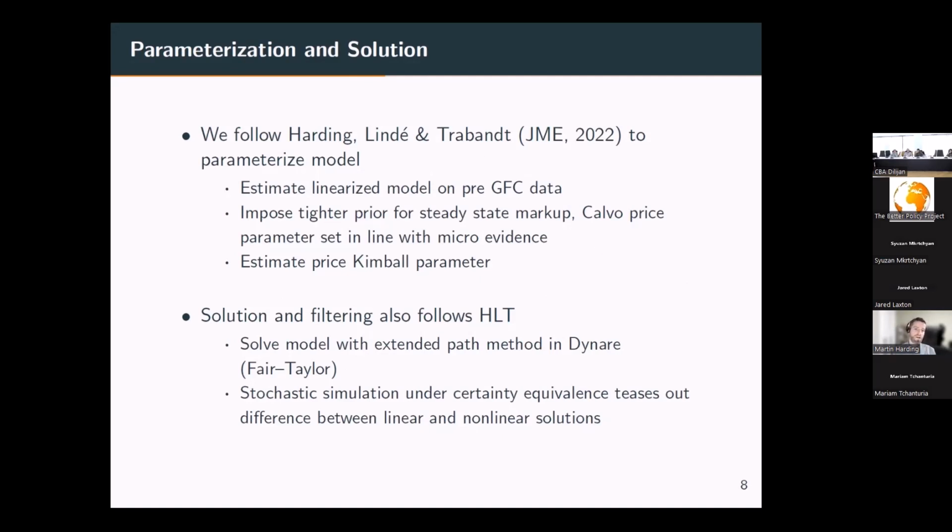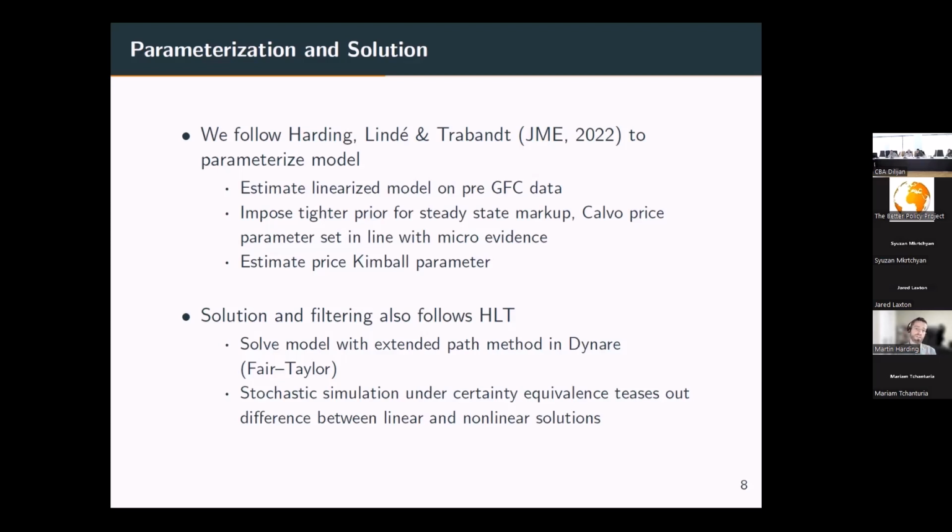So we are going to follow our previous JME paper to parameterize the model. What we do is we estimate the linearized model on pre-Great Financial Crisis data. And we are going to depart from Smets and Wouters' original paper in one important way. Smets and Wouters estimate a gross markup that is 61%, and that is much higher than has been documented in the literature.